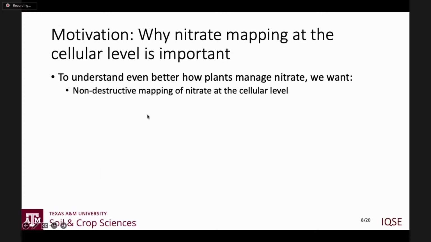So again, our motivation is to test this tool and actually develop the protocol for measuring and trying to quantify nitrate in the roots. We try to do this as a mapping procedure and not just at a single point on the roots.